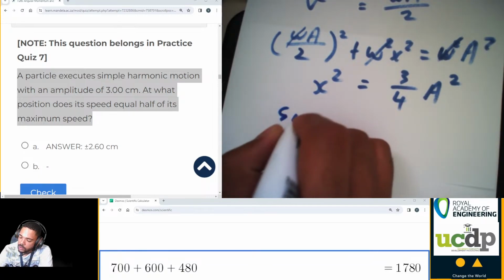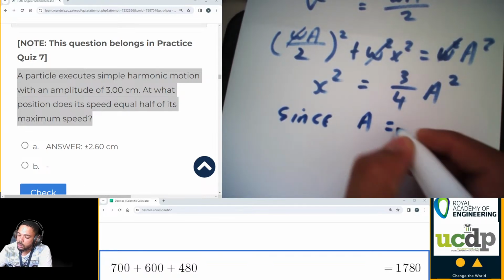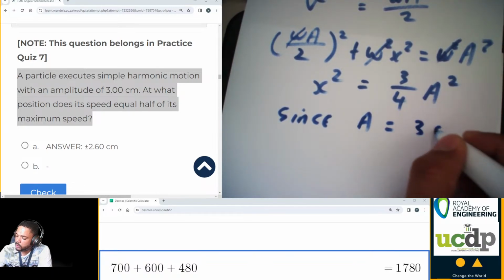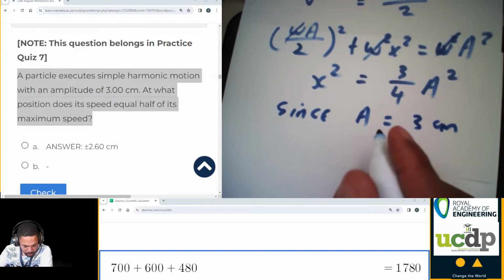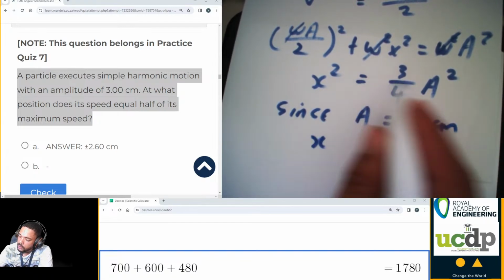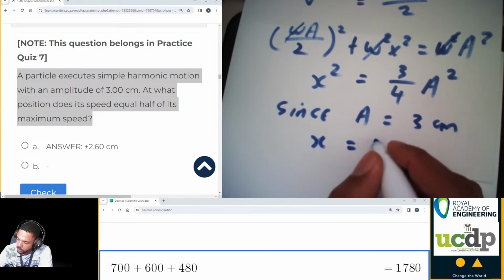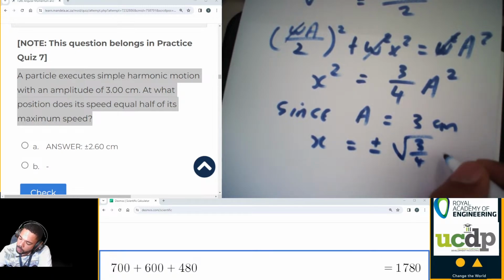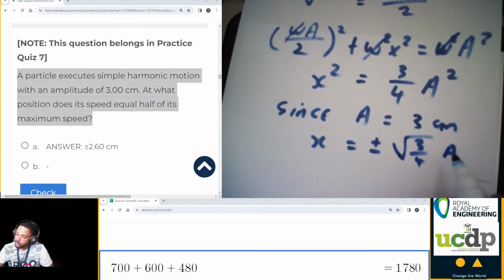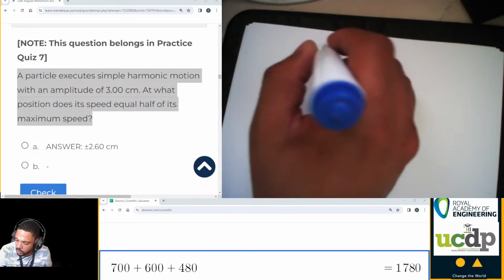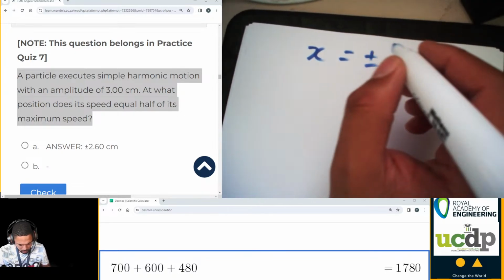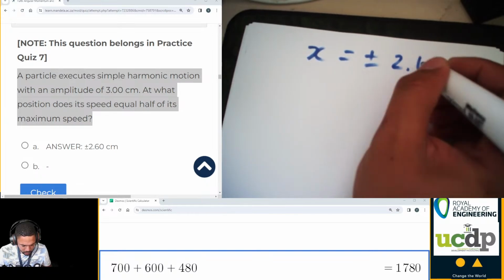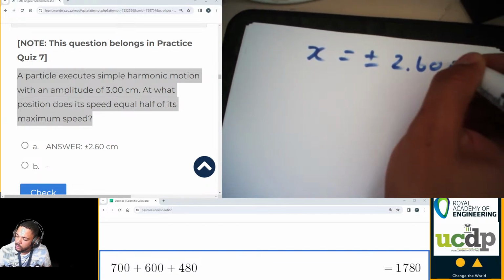Now since they tell us that A is equal to 3 centimeters, x is equal to plus or minus the square root of 3 over 4 times A. If you work it out, with A equal to 3 centimeters, x is equal to plus or minus 2.60 centimeters.